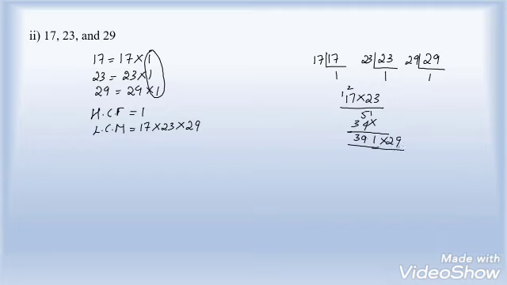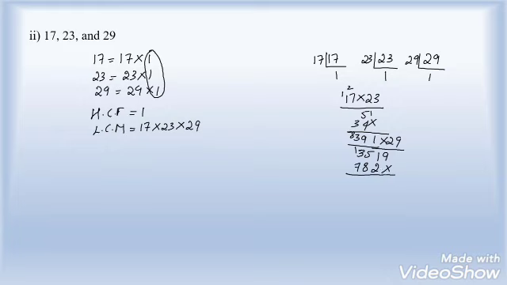So multiplying 9 first, 9 ones are 9, 9 nines are 81, 9 threes are 27, 27 plus 8 is 35. So it is 35. Then 2 ones are 2, 2 nines are 18, carry 1, 2 threes are 6, plus 1 it is 7.